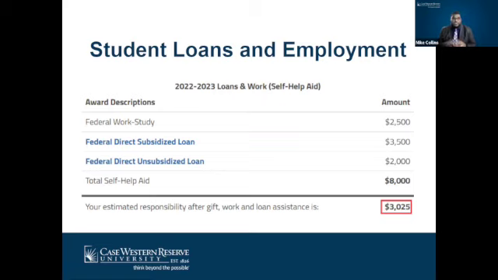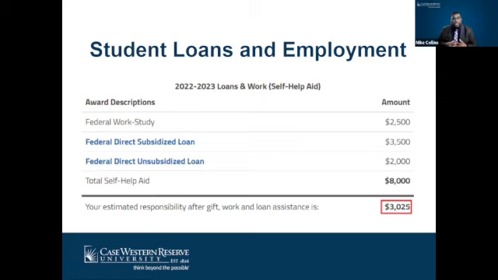There's two different types of federal loans. One is called the subsidized loan, and the other one is called the unsubsidized loan. Now, the only difference between the two is that for the subsidized loan, the government is going to cover the interest while you're in school.